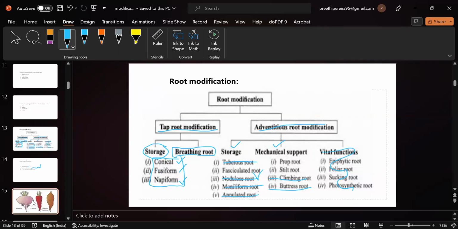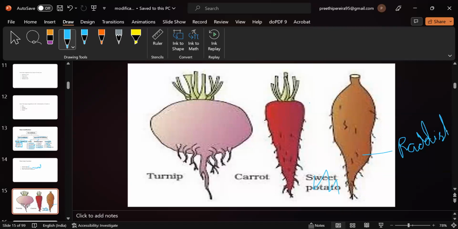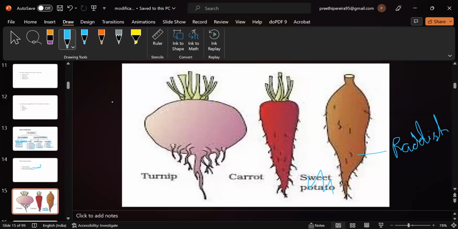Next is fusiform. For fusiform ये गलत दिया है. Fusiform के लिए example is radish. How does a radish look? Like a carrot जैसा ही दिखता है, लेकिन थोड़ा सा stout है. ऐसा है radish.